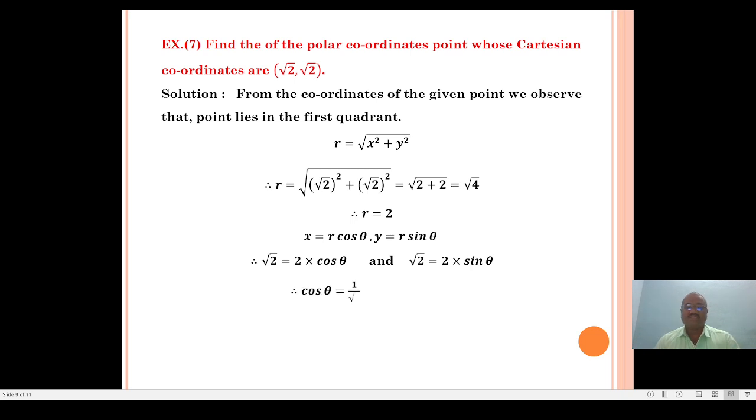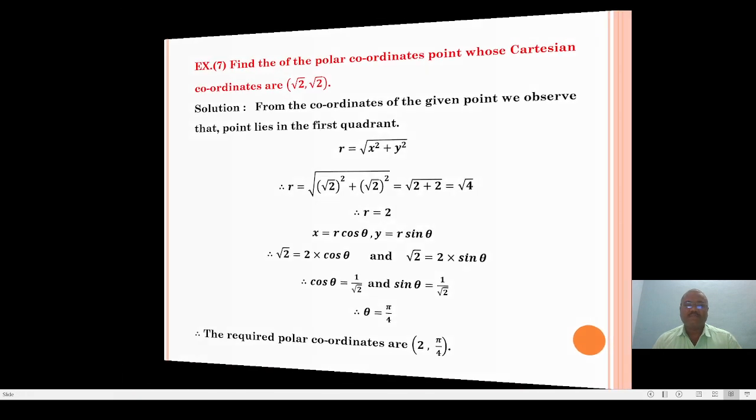So cos theta equals 1 by root 2 and sin theta is also 1 by root 2. That is, the angle theta equals pi by 4, and hence the required polar coordinates are (2, pi by 4). Again, next example.